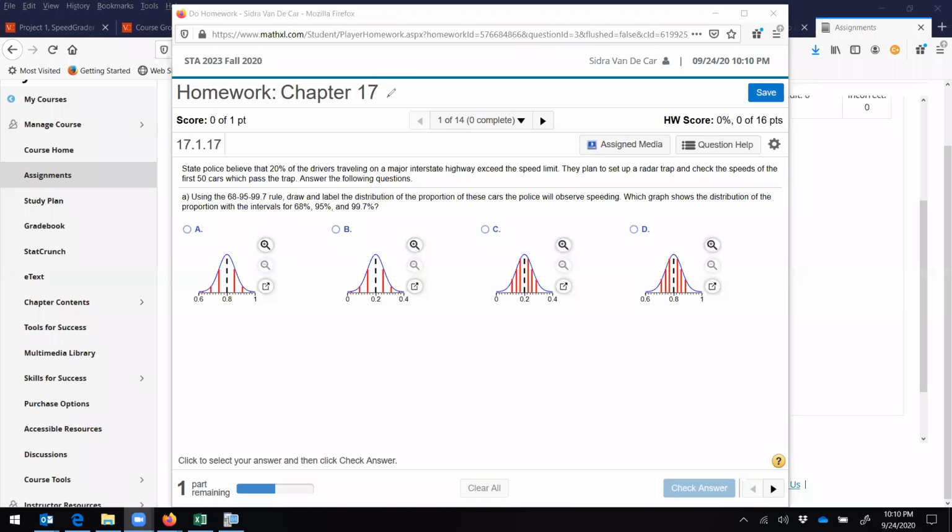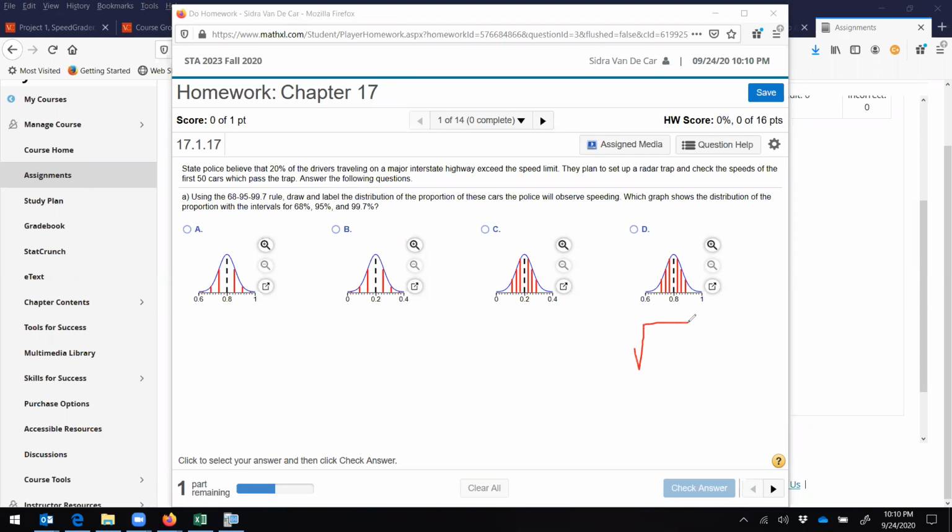So if you go back to the formula that we did for the standard deviation for proportions, and by the way, this was given in the slides for chapter 17, and I can bring those up for you, you should have seen the formula there.